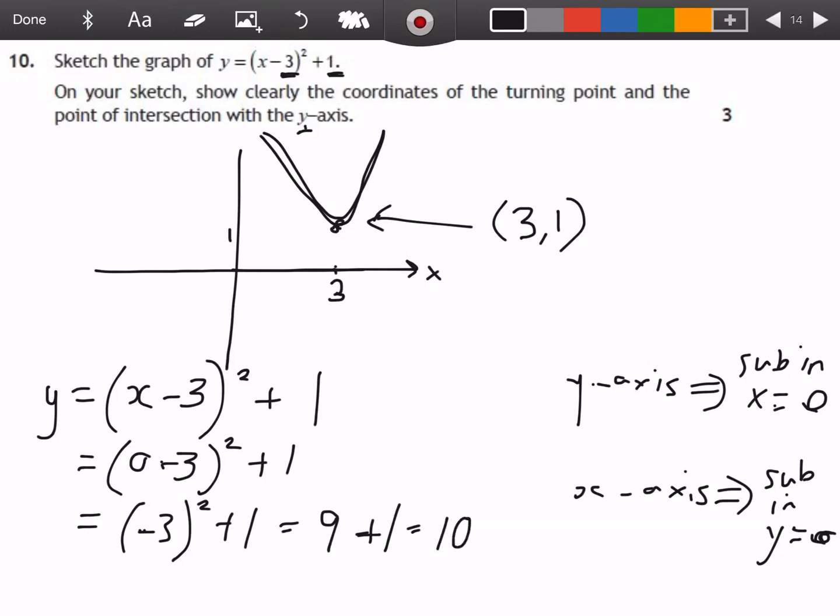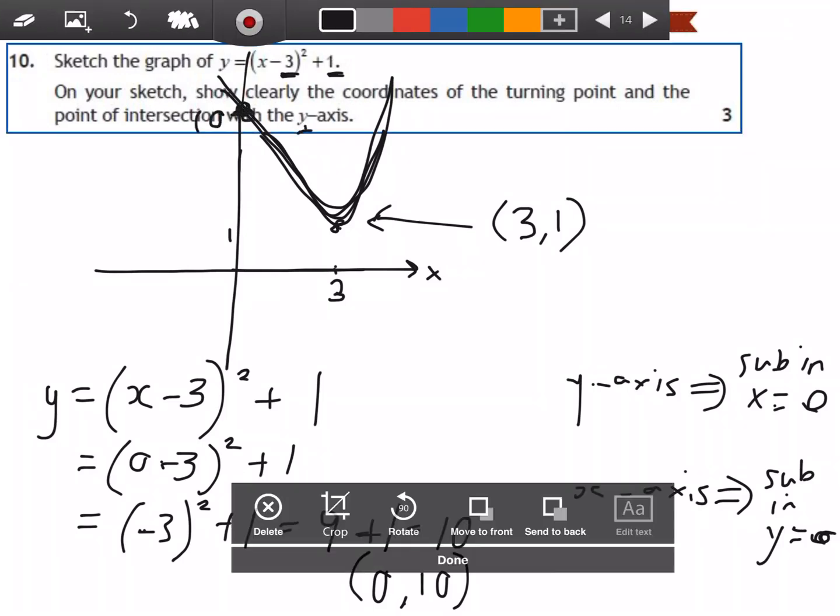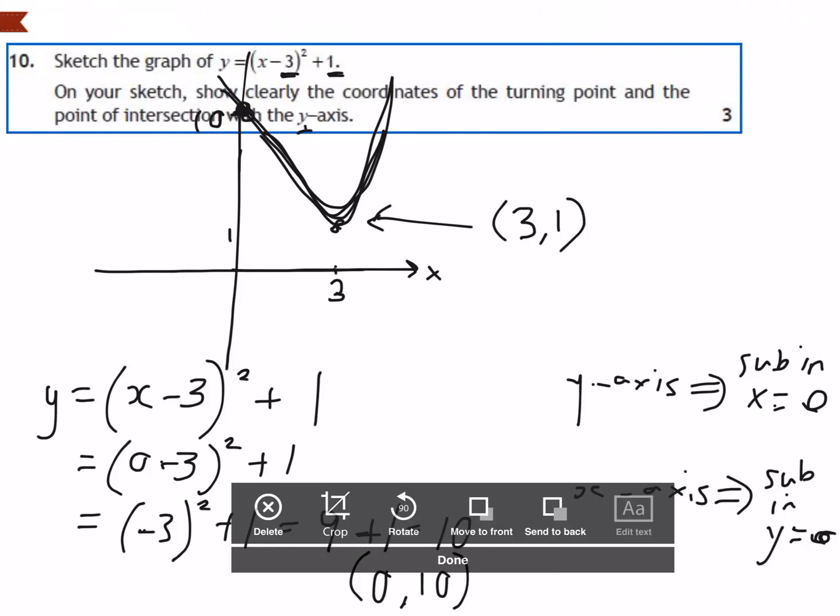The question says, show clearly where it crosses the y-axis. What was our x value? The x value was 0 and the y value was 10. So that's the coordinate 0, 10. We should show it on the diagram. My diagram's not perfect, but remember it is a sketch. Where this 0, 10 refers to is this number here is up 10. Okay? That's it.